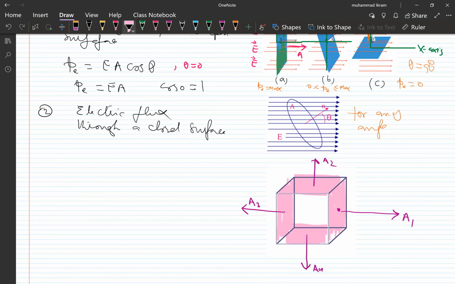So you actually have six surfaces. For example, the other one will go that way, this one will go this way, like this.